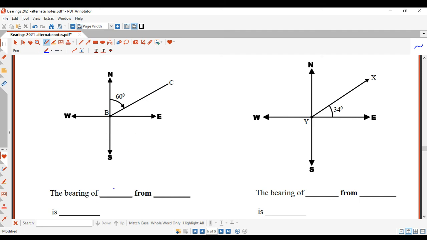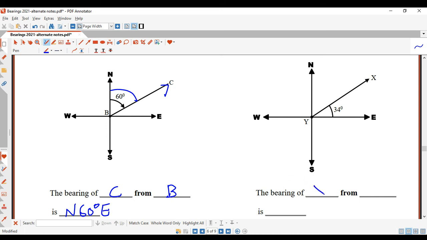Okay, so the bearing of C from B, so here's my direction. First of all, C is north, isn't it? It's north of B. And then I've got to measure the angle between the ray and the north line. So that's 60 degrees and then east. Next one.